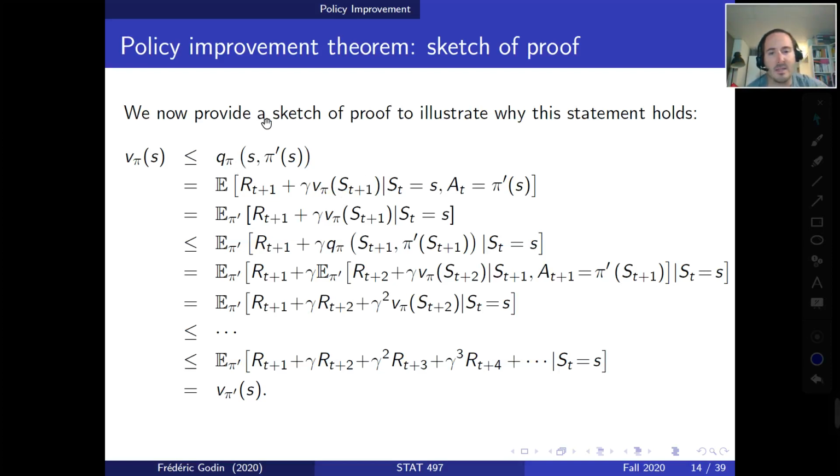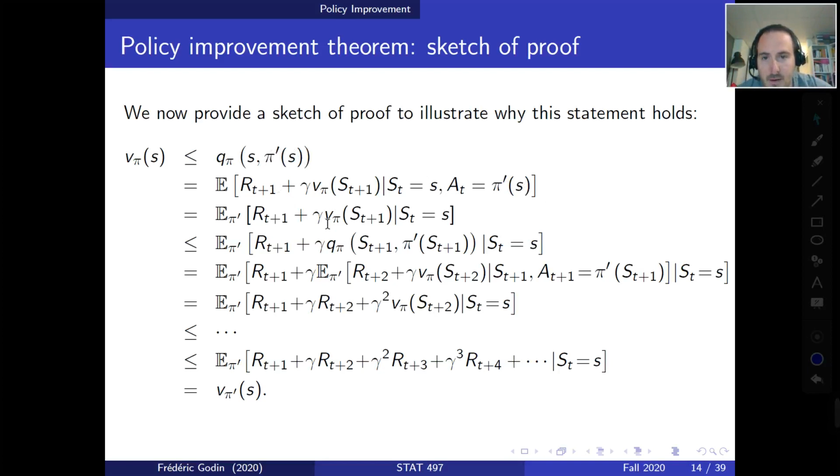So for that reason, here we have v pi and not v pi prime. But the current state is S, and the current action we take is pi prime of S, because we assess the value of action pi prime of S taken right now at the current step.